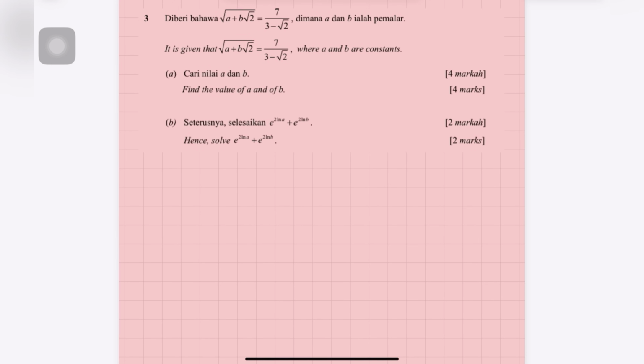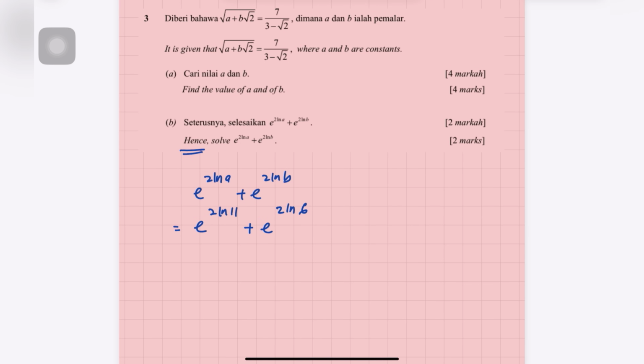Hence, solve e power of 2 ln A plus e power of 2 ln B. Okay, so meaning that hence, we have to use the values of A and B that we already have from question 3A. So then this one is e power of 2 ln A plus e power of 2 ln B, which equals e power of 2 ln 11 plus e power of 2 ln 6.